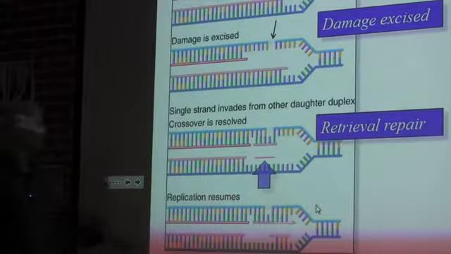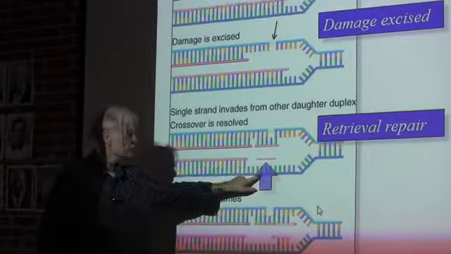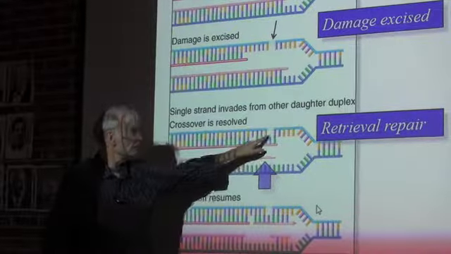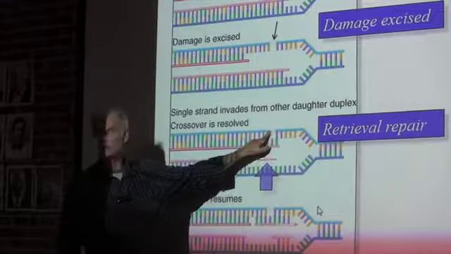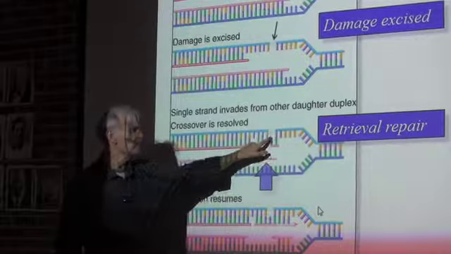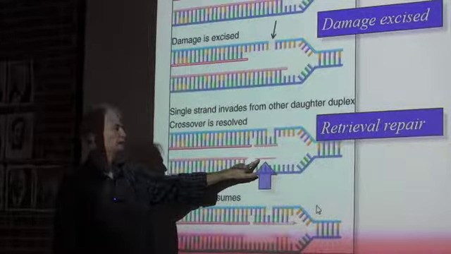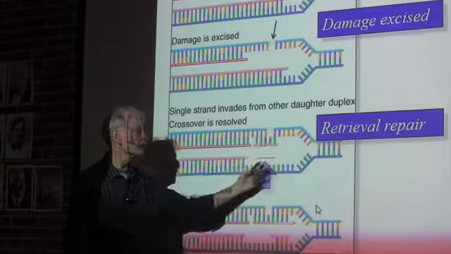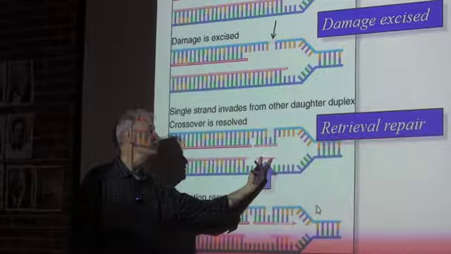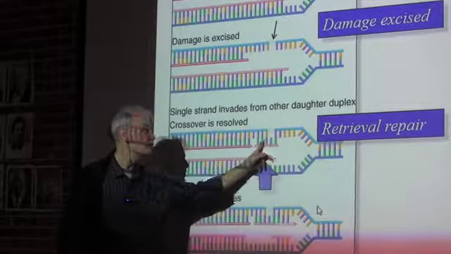You'll have the new strand just made, that's the original template, but notice the original template for the leading strand has damage. It's not clear what should go there. What happens is the new strand that's complementary to the old strand comes to the rescue and moves from here to there, involving RecA, and now fills that gap.